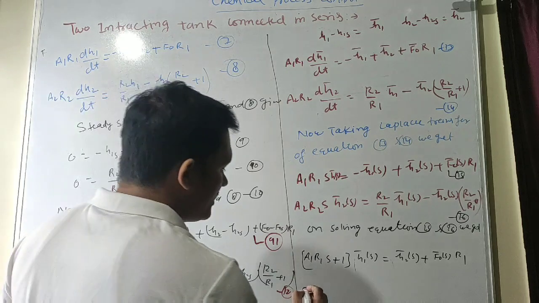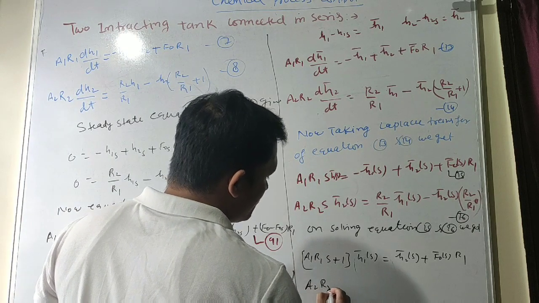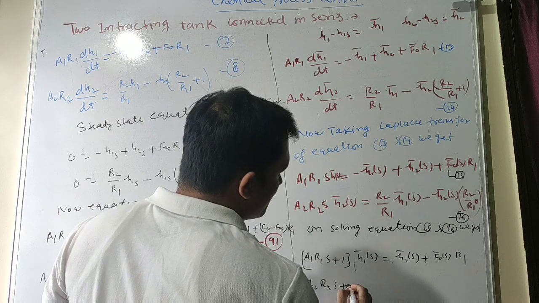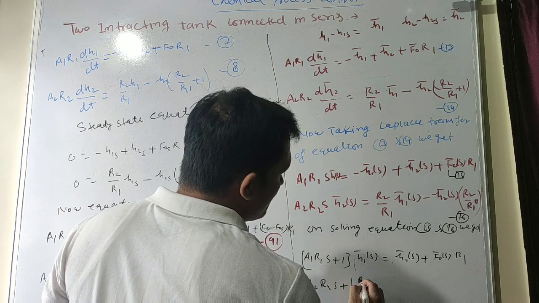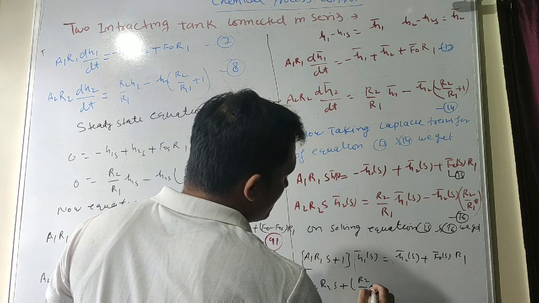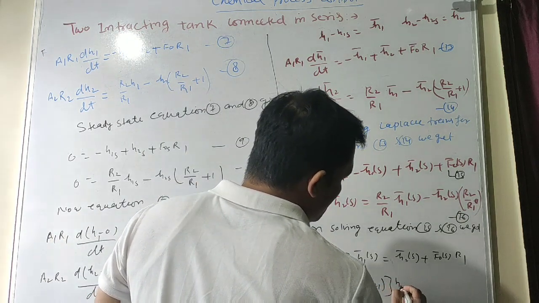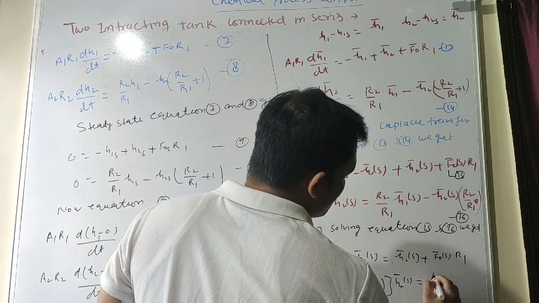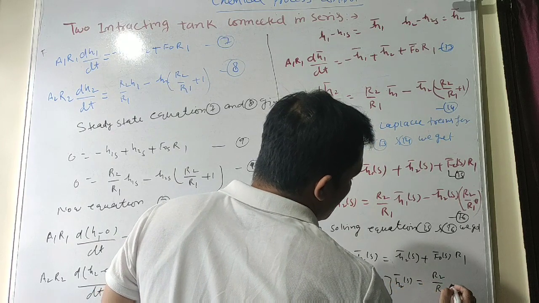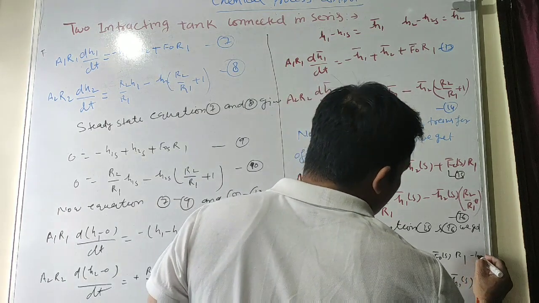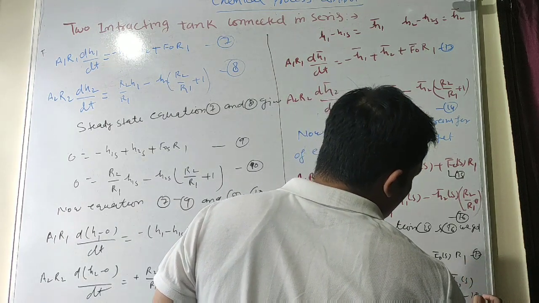Similarly, from equation 16, a2 r2 s plus r2 upon r1 plus 1 h2 bar s equal to r2 upon r1 h1 bar s. So this is equation number 17 and 18.